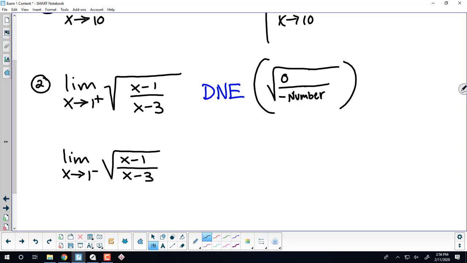Maybe a better way to think about these things, if there's any question, like this function approaching 1 from the left or the right, there's some weird things going on. So maybe a better way to look at it is to say, what's the domain of this function?